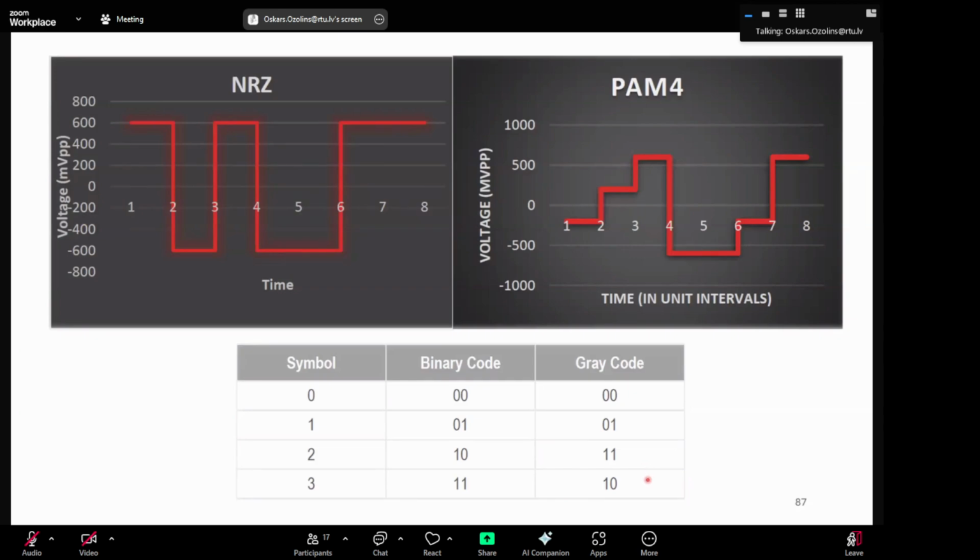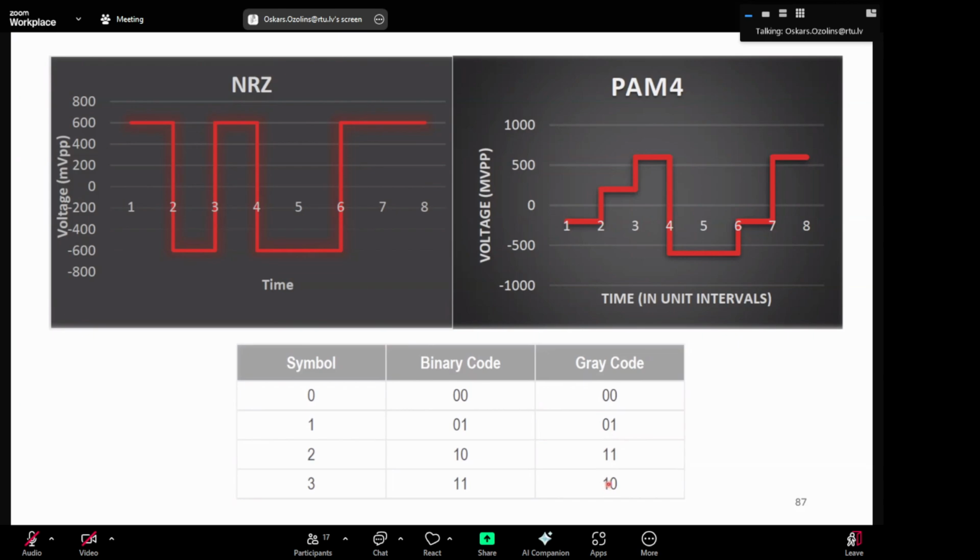Because if you do this, then if you look carefully, these are symbols which are quite close to each other, and there is a difference here, because for example in this case this bit is the same, this bit is the same, and this bit is the same.